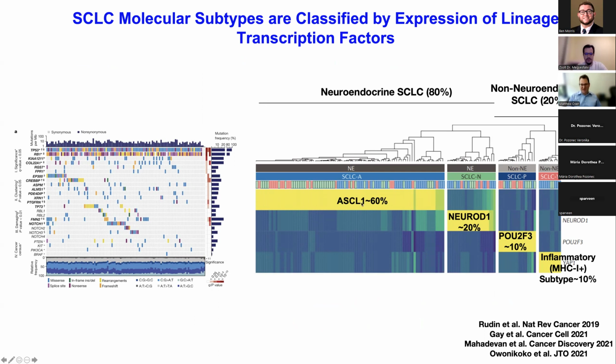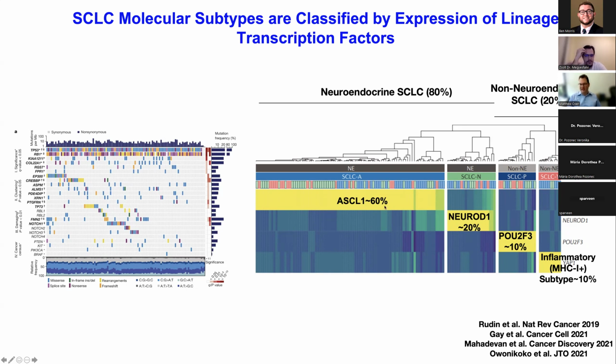And so I mentioned that the RP or RPR2 models are really modeling a pure ASCL1 subtype. And what I'll get to is that not only are there these distinct subtypes of small cell lung cancer, actually there's a lot of intratumoral heterogeneity that we observe in human small cell lung cancer.